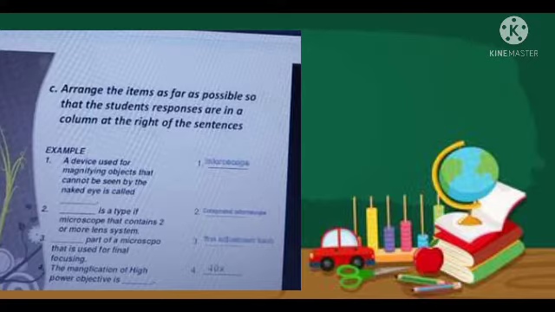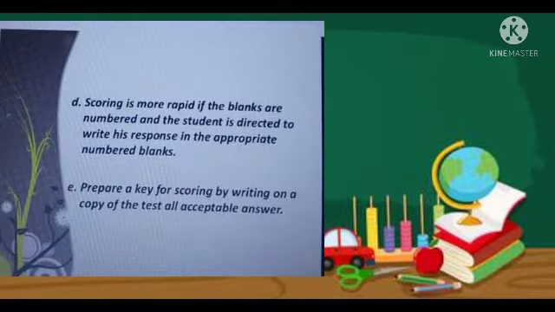"The magnification of the high-power objective is blank." The answer is 40x. Letter D. Scoring is more rapid if the blanks are numbered and the student is directed to write his response in the appropriate numbered blanks. Letter E. Prepare a key for scoring by writing on a copy of the test all acceptable answers.